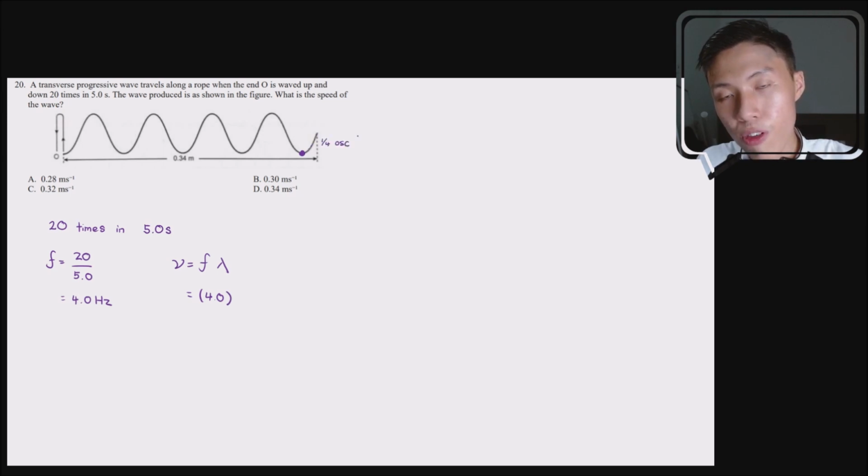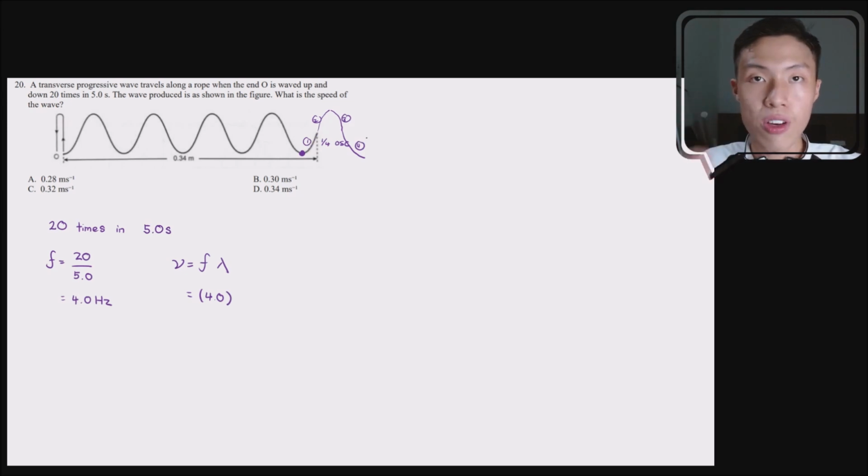How do you check? Well, repeat one more, repeat one more, repeat one more, then you complete an oscillation. This is 1, 2, 3, 4. So this is 1 out of 4 parts of a complete wave cycle. Therefore, we know that it's 1/4 of a complete wave cycle.